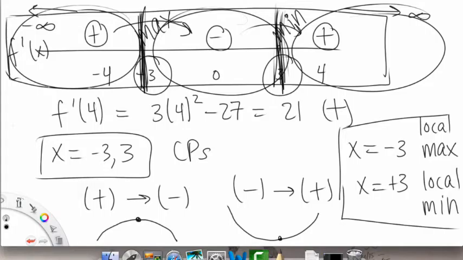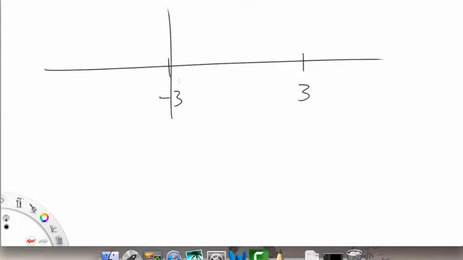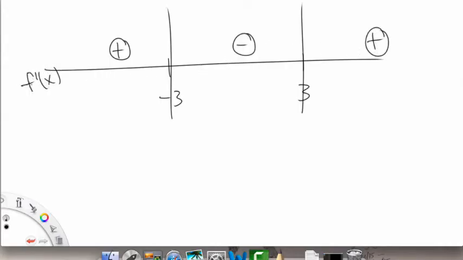This is like a bonus part to the problem. It didn't ask for this, but I'm going to explain it anyways. So here's our number line. Remember, I just cut it at negative 3 and 3. This was positive, this was negative, and this was positive, all right? And this is our f prime of x.